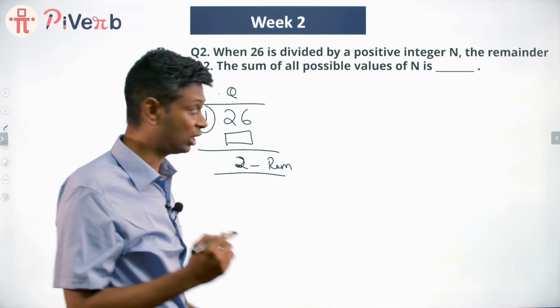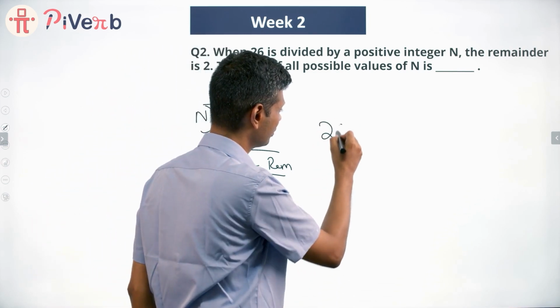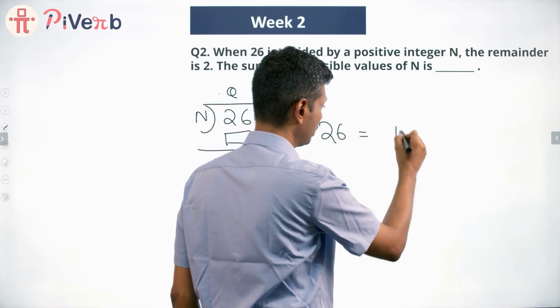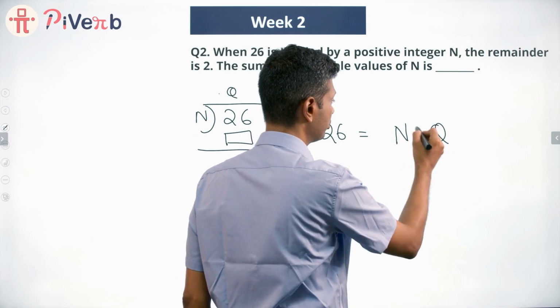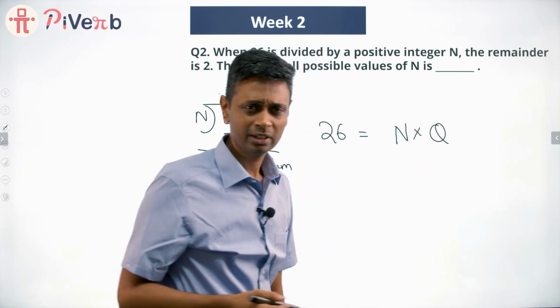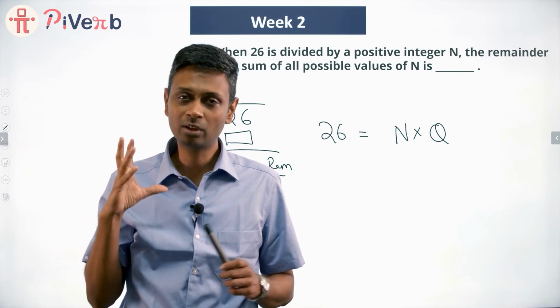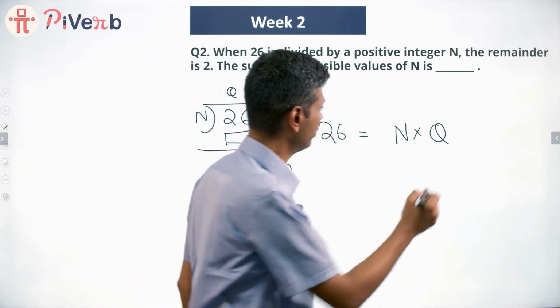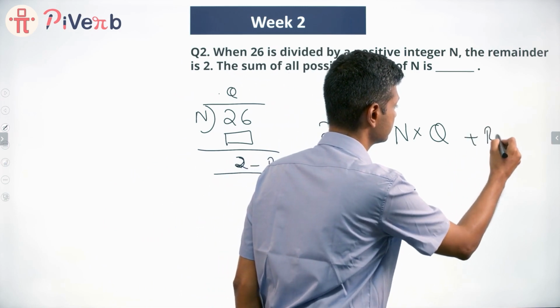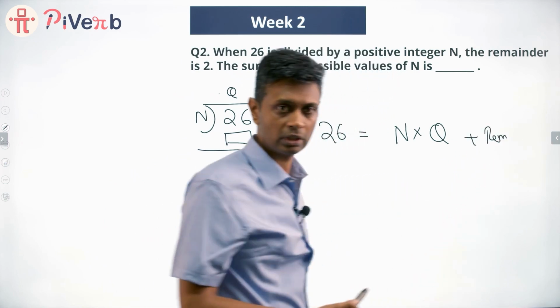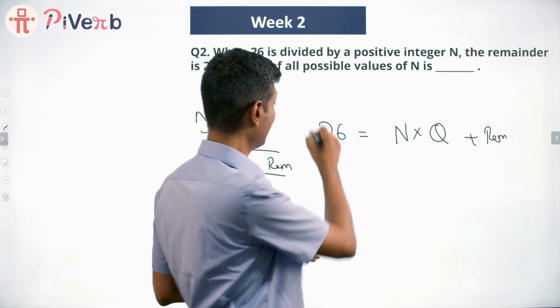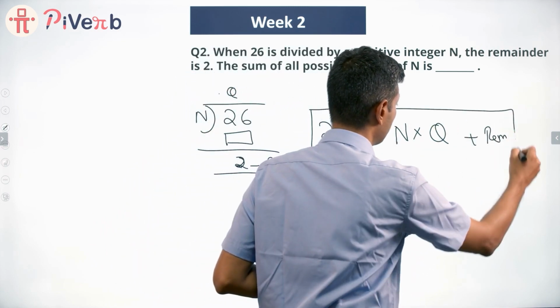Or the other way of thinking about it, into 26, I put n quotient number of times. So it might add up to something, but something still remains. It is not going completely inside. What remains is called the remainder. Lovely. So this is the very definition of the idea of remainders.